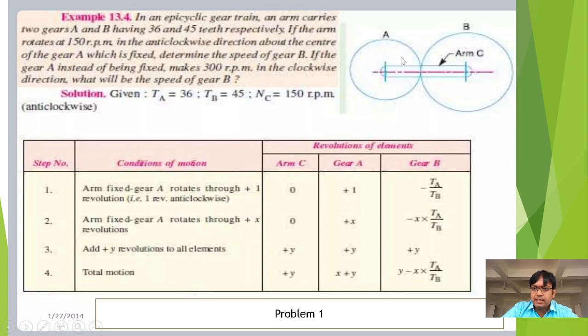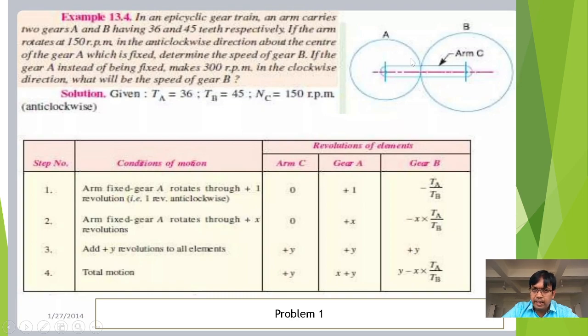Because A is meshed with B, if I rotate gear A in anti-clockwise direction, gear B will rotate in clockwise direction. Therefore, gear B will come third. Because the arm is fixed, it comes first, and we have rotated gear A, so gear A comes second, then gear B third.